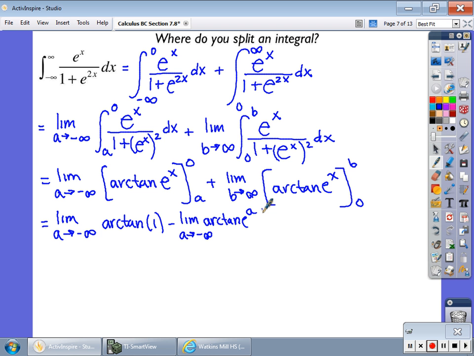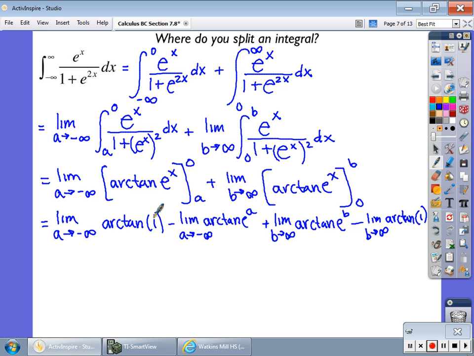Starting to run out of room. Arctangent's a long word. Over here, substitute your b: plus the limit as b approaches infinity of the arctangent of e to the b minus the arctangent of e to the 0, which is just 1.